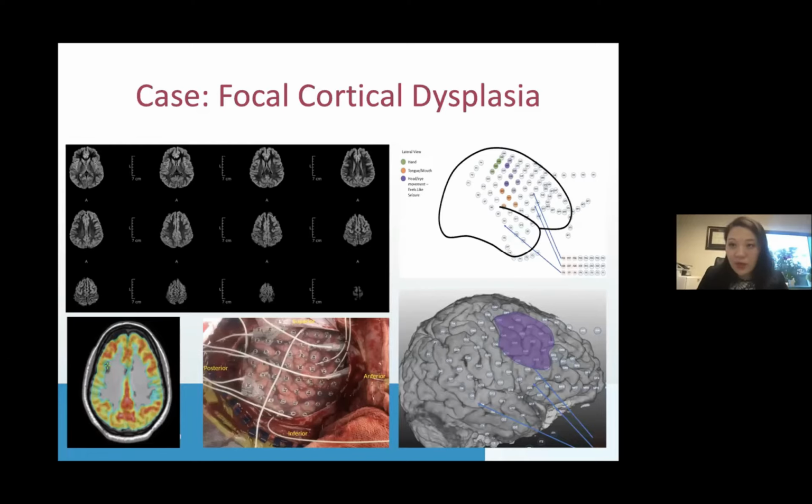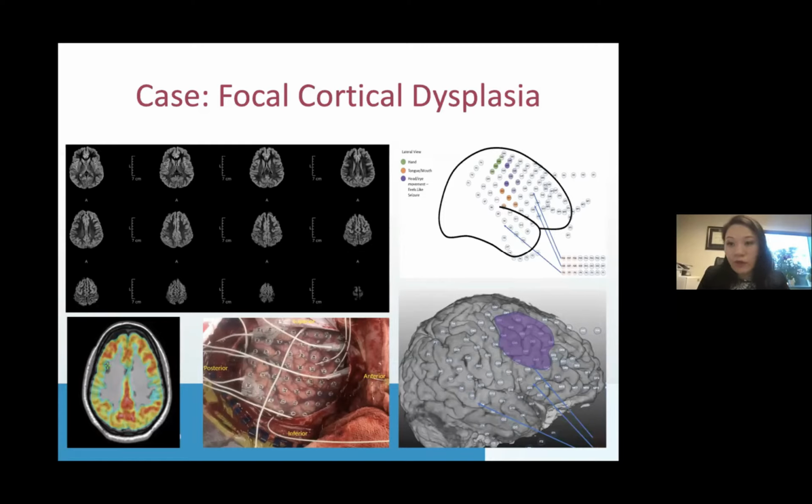MRI was negative, and PET showed a right frontal hypometabolic area. She underwent a 2-stage implantation with functional mapping. We were able to capture ictal and interictal activity, and this was the final result of our functional mapping.